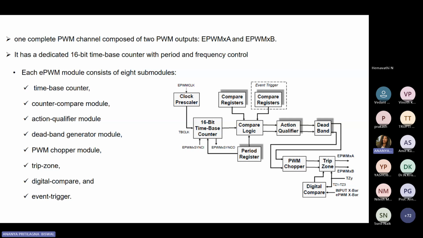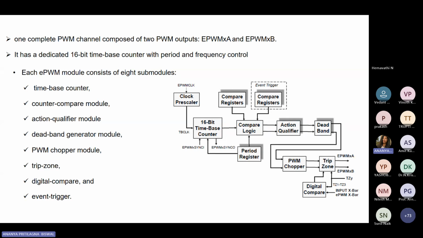Now this block diagram shows the structure of the C2000 control. Here the EPWM clock is fed to this 16-bit time-based counter. So the TB clock, or the clock frequency of the controller, sets the period and resets after counting.